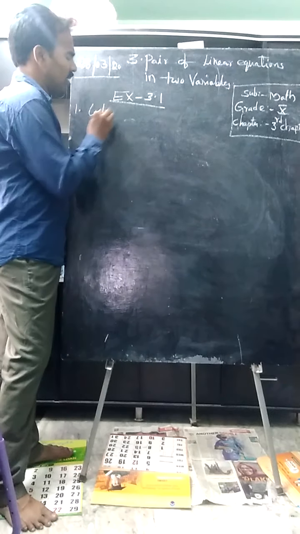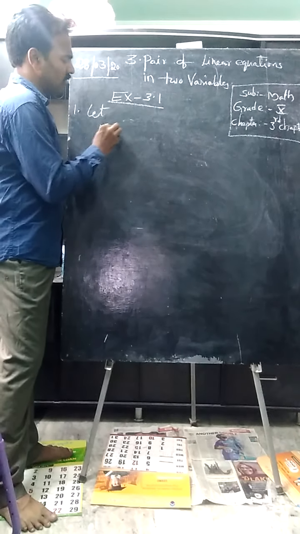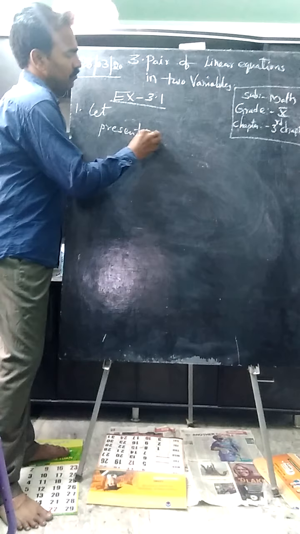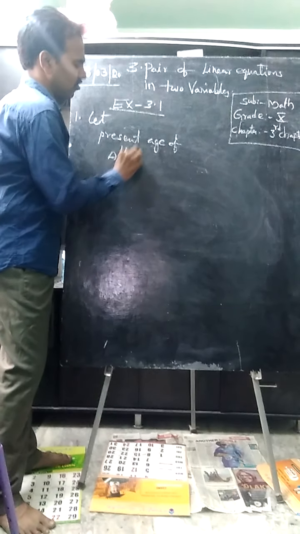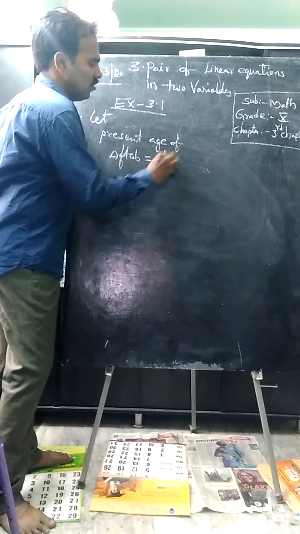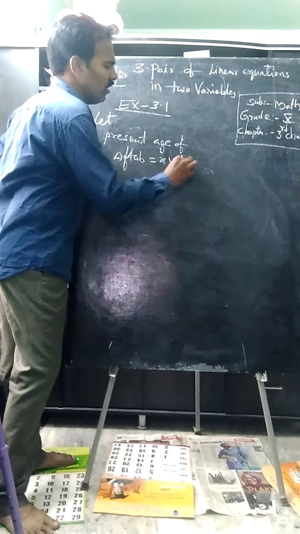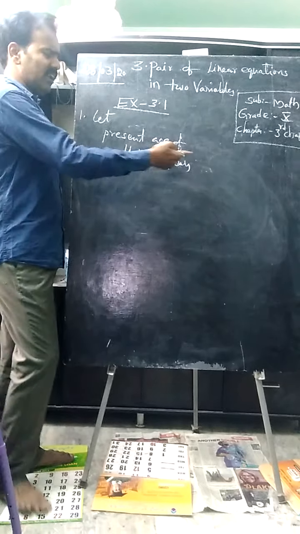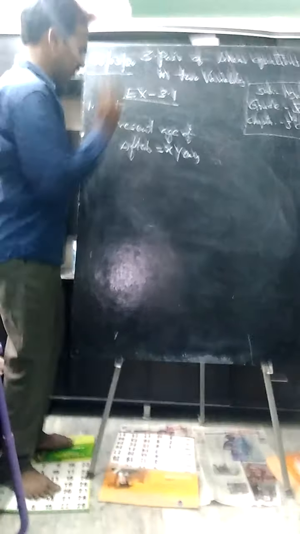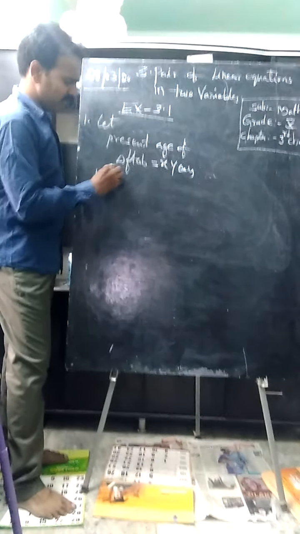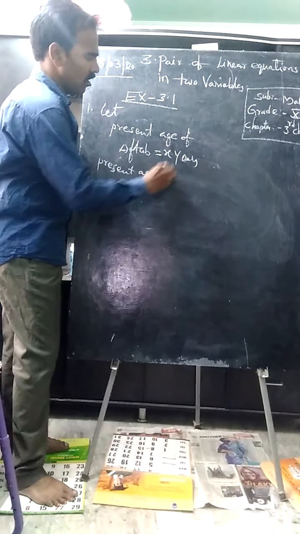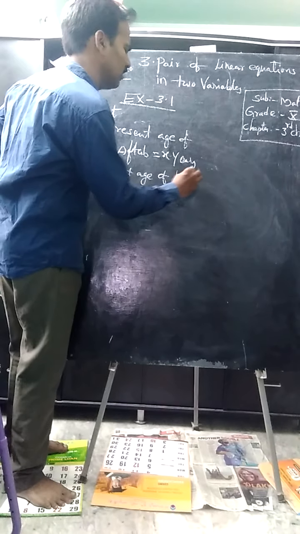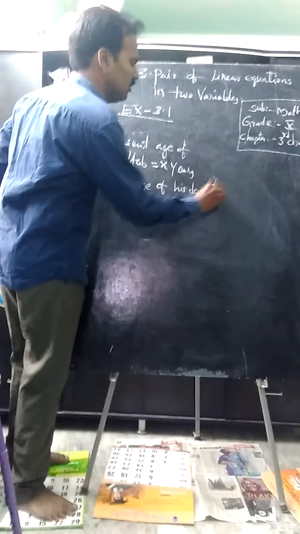So let us consider the present age of Aftab to be x years. Here we are dealing with a linear equation in two variables, so we can take x and y. You can take u and v, that is not an issue. The present age of his daughter, let it be y years.